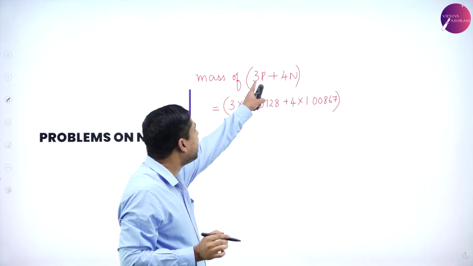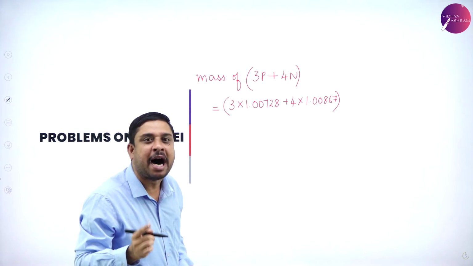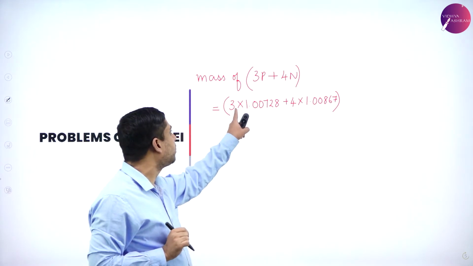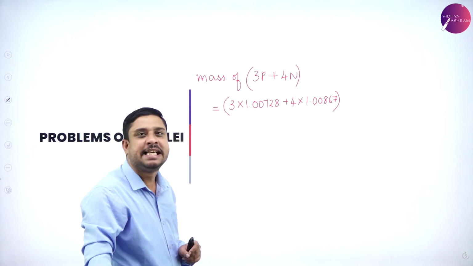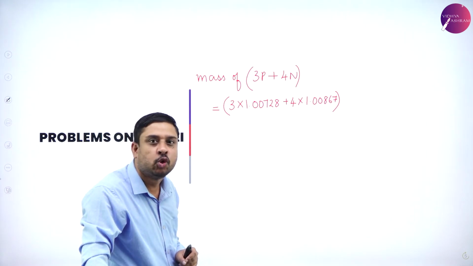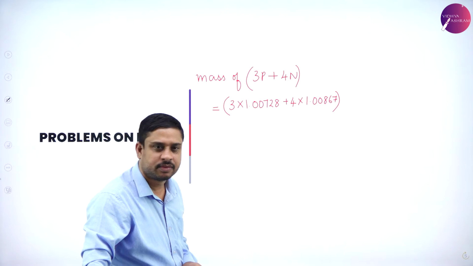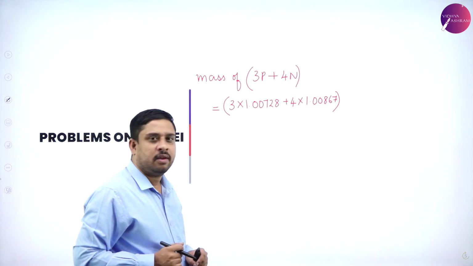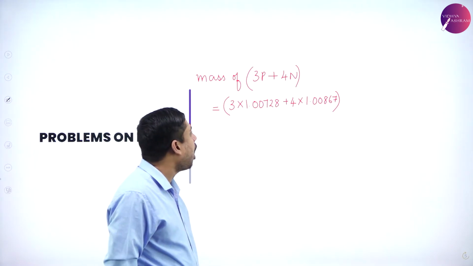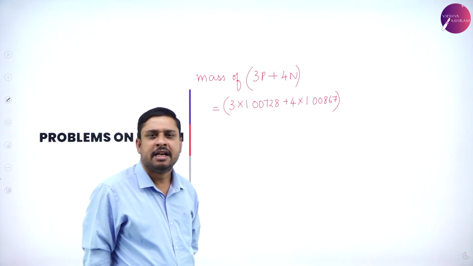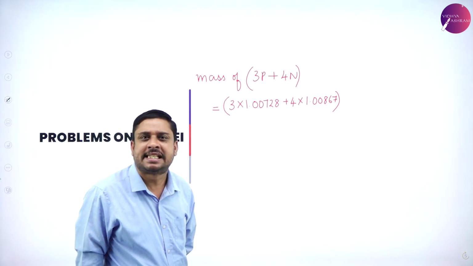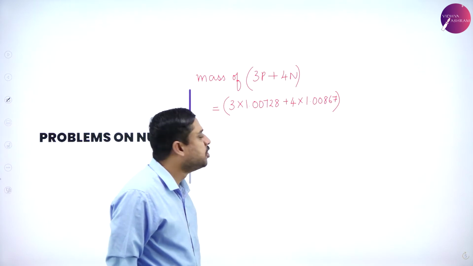Correct? 3 protons, mass of each proton 1.00728, into 3, plus mass of one neutron 1.00867, so 4 neutrons.